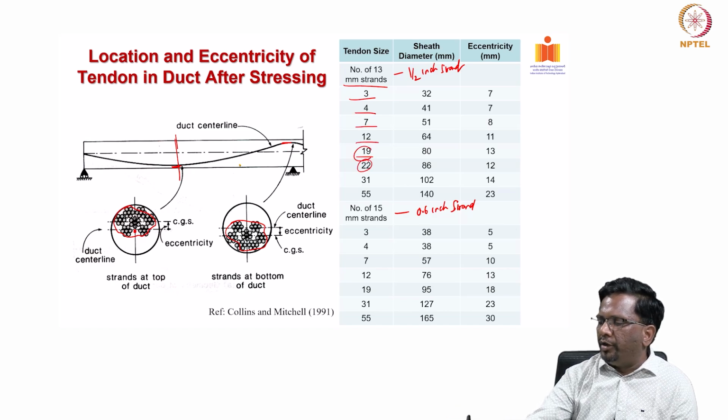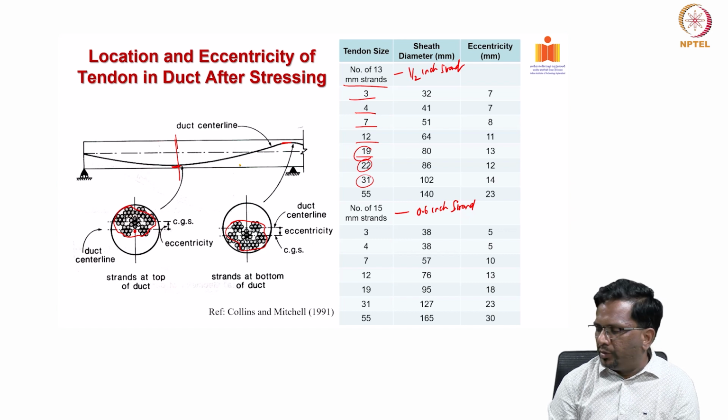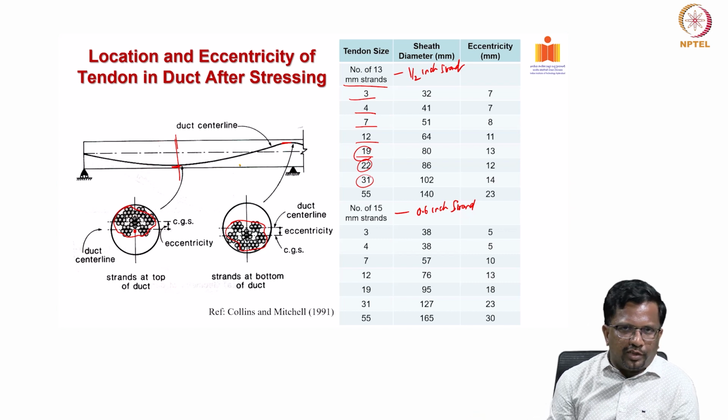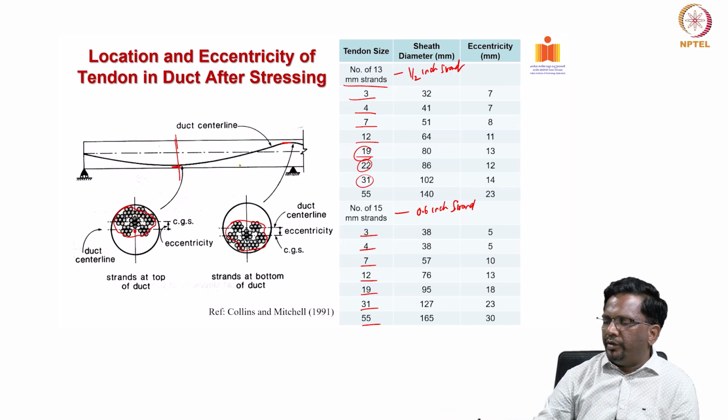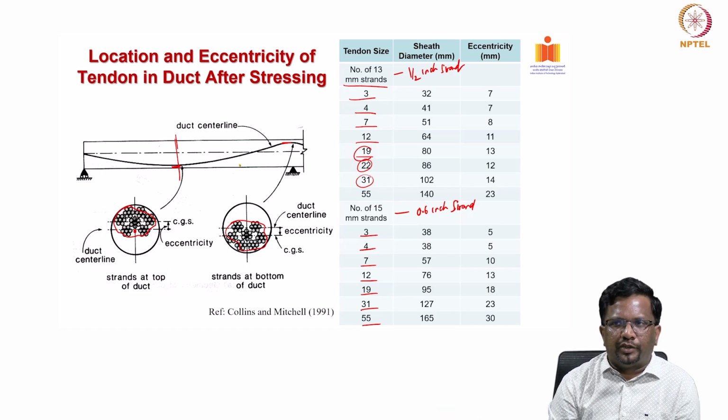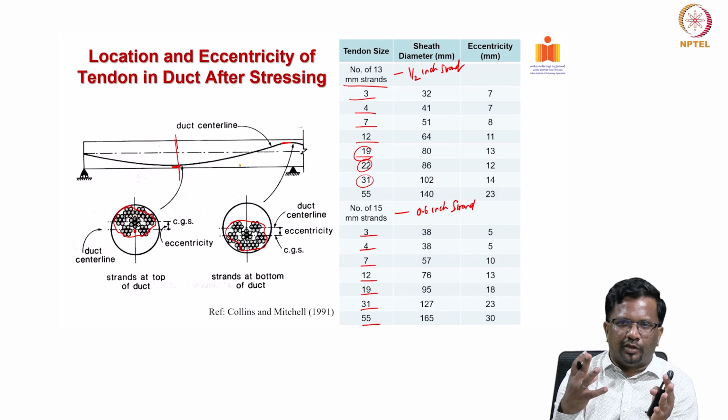The 19, 22, 31 are very commonly used, okay. And when you go for 0.6 inch strand, you have again 3 strand cable, 4 strand cable, 7 strand cable, 12 strand cable, 19, 31, 55. And accordingly, the larger the number of strands, the larger the sheath diameter, the duct diameter. Sheath is nothing but the duct, right.